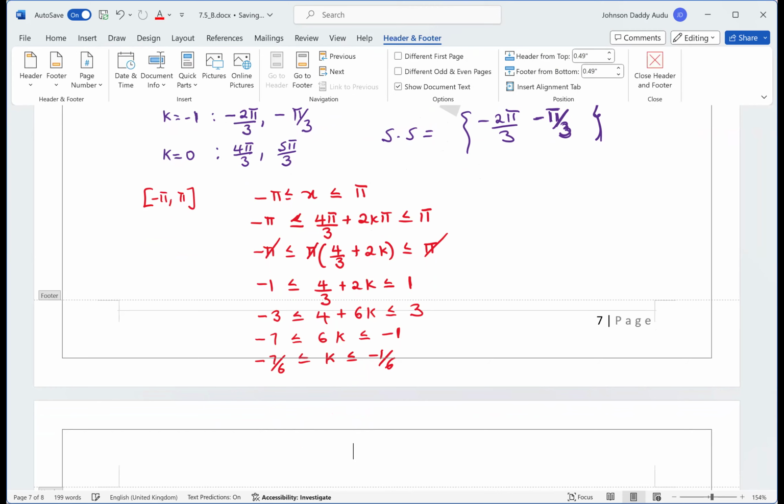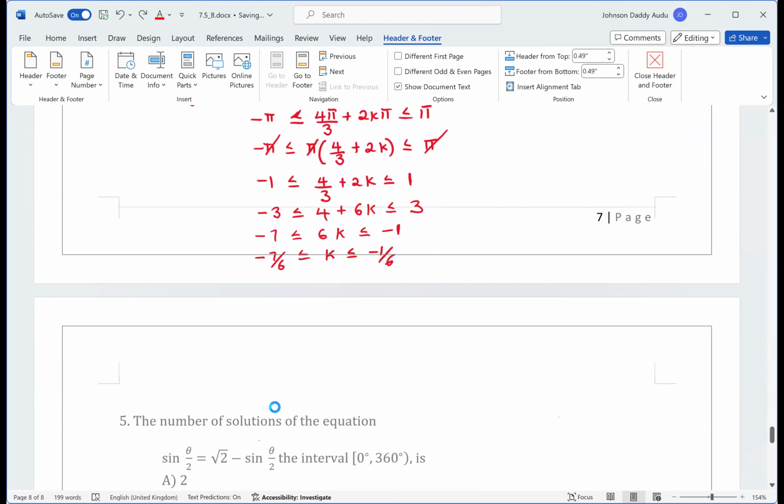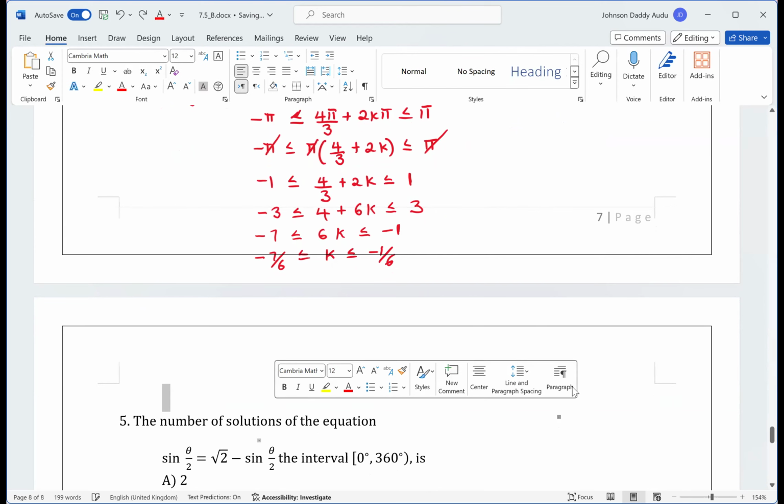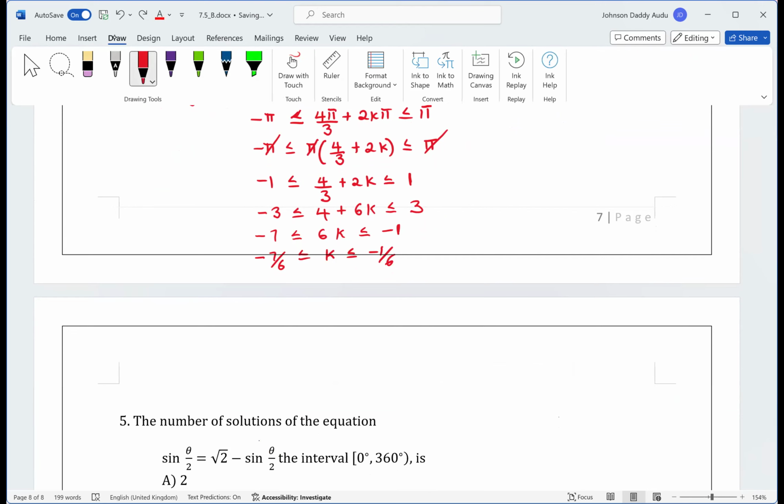Now in this case, what will be the value of k? Here, it means that we are between what? Minus 7 over 6 and minus 1 over 6. So what will be the possible value of k in this interval?